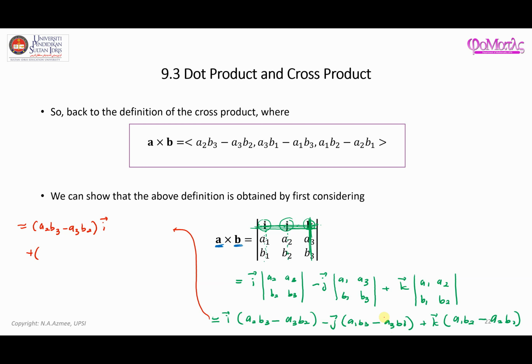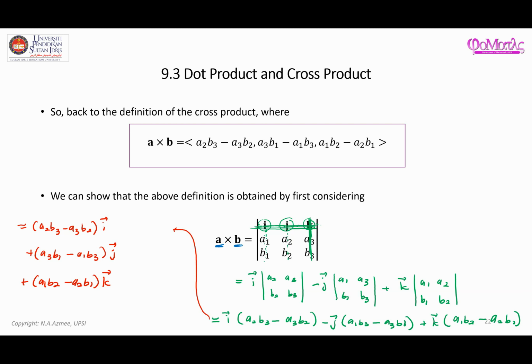So we'll consider this first. So it will be a3 b1 minus a1 b3 vector j plus a1 b2 minus a2 b1 vector k.